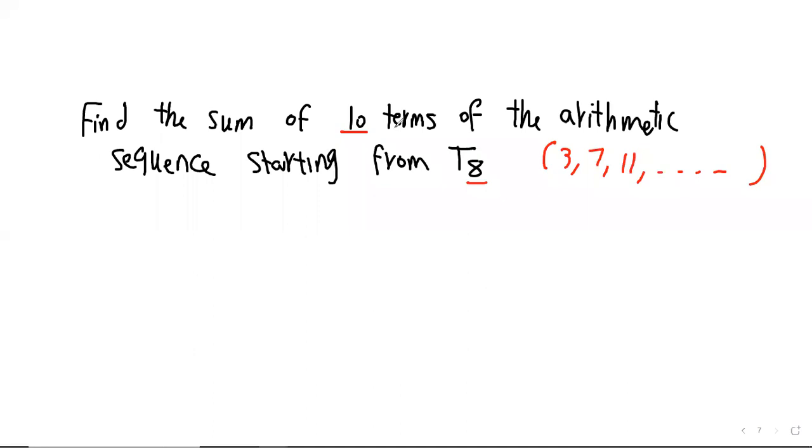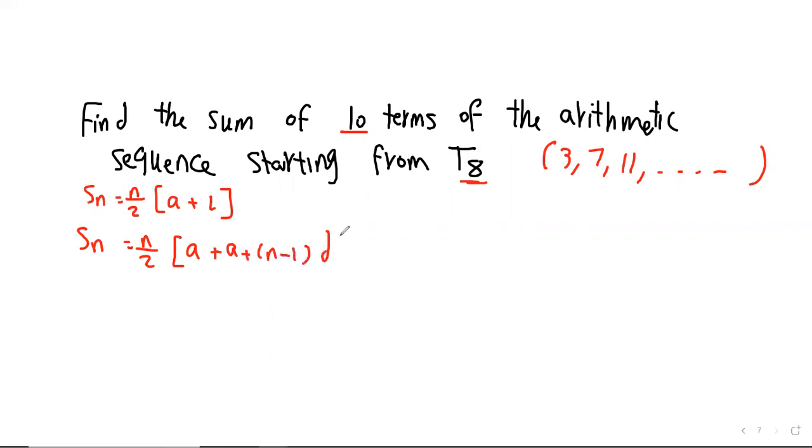Find the sum of the 10 terms of the arithmetic sequence starting from T8. You know, Sn is equal to what? n over 2 multiplied by a plus l. Or we can write, instead of l, a plus n minus 1 multiplied by d.